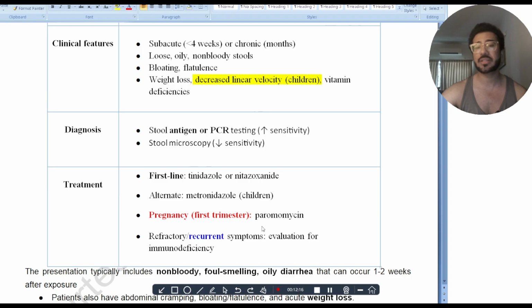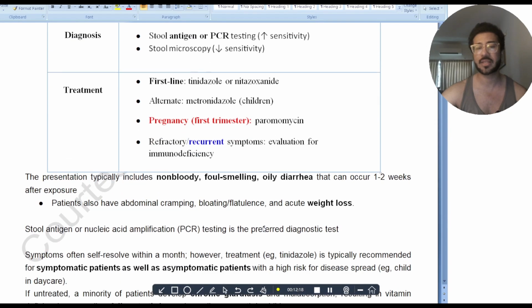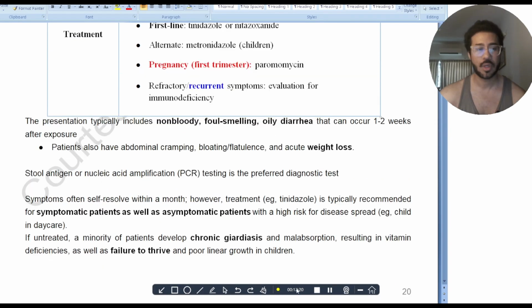When it comes to pregnancy, you're gonna opt for paromomycin. So one more thing that you need to know is, without treatment, it is also gonna self-resolve within a month. But treatment is recommended whether the patient is symptomatic or asymptomatic, regardless, so that we can prevent the spread of the disease.